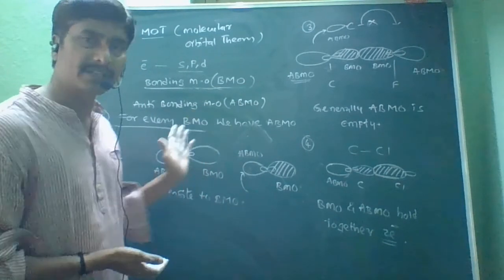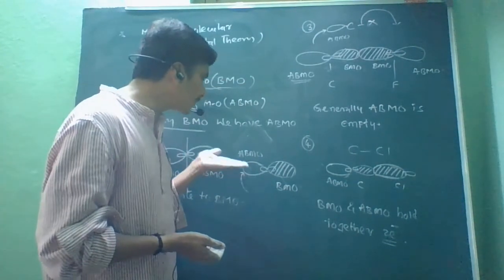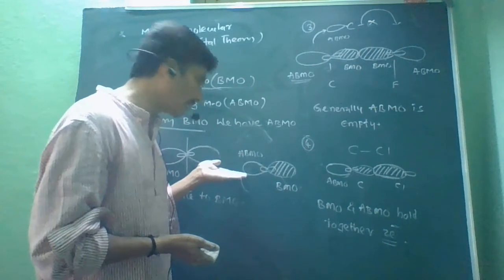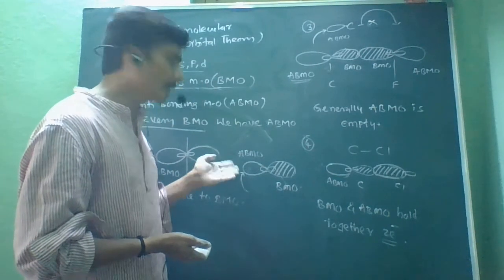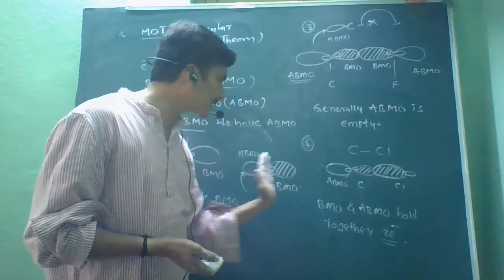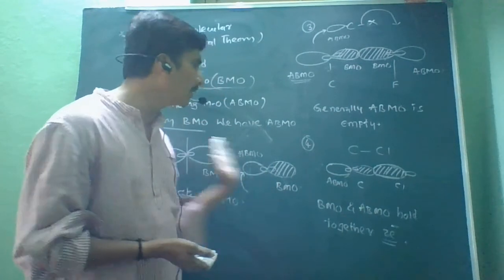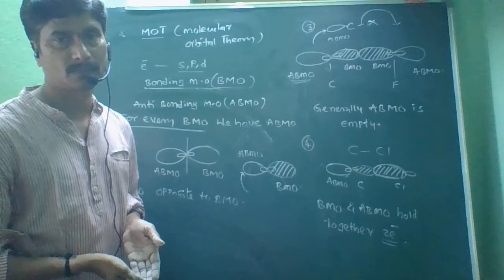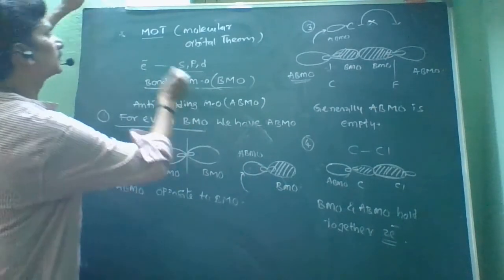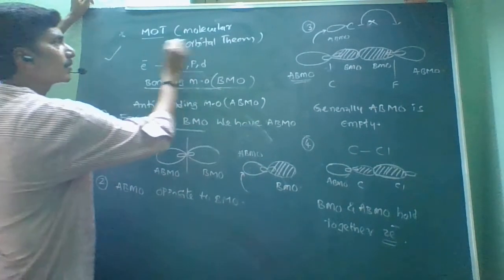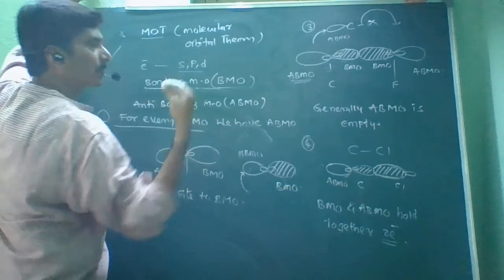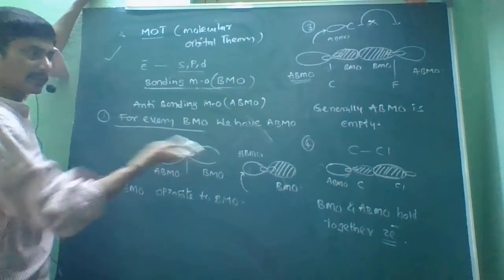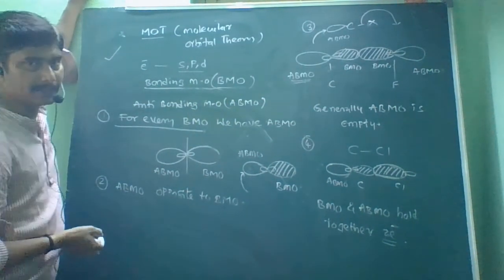If electron density increases in any of these anti-bonding molecular orbitals, then force will be applied for this bonding molecular orbital to leave along with the electron pair. So these are some useful points according to molecular orbital theory to better understand the further reaction mechanisms.